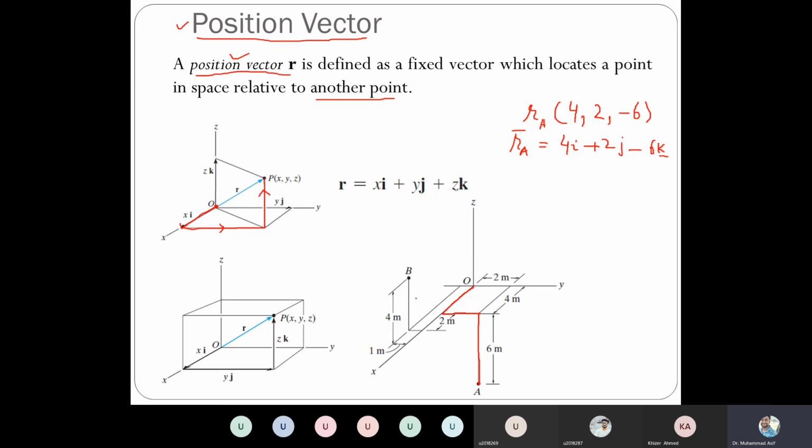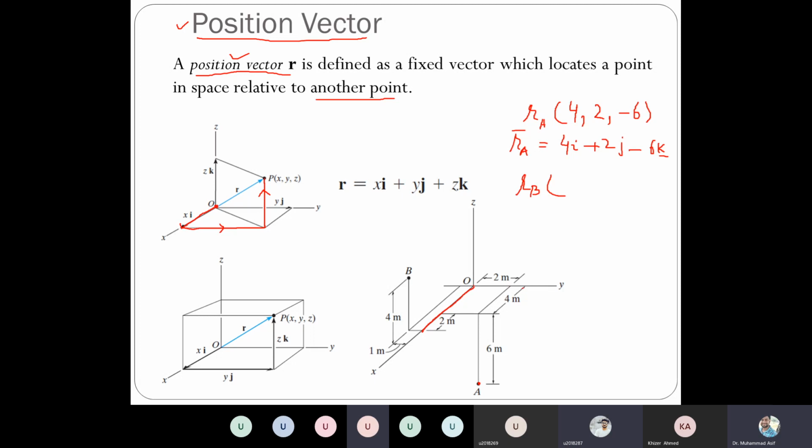What about the position vector of point B? Let's say RB. What is the position vector of point B? Again we have to start from the origin. How can we reach point B? First of all, we have to move in the x direction, from here up to here. How much is that distance? Up to here? 6.